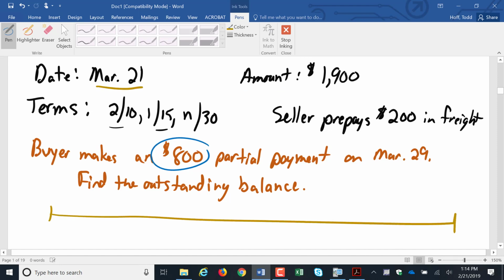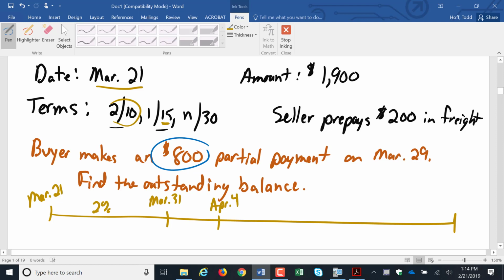We start on March 21st. We don't have any modifiers, so we start on the invoice date. The 2/10 means if we go 10 days, that's March 31st, there's a 2% discount. Beyond that, the days are always from the invoice date, so the 1/15 is going to April 4th.